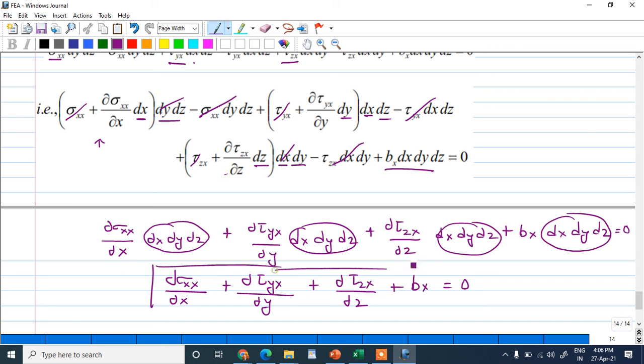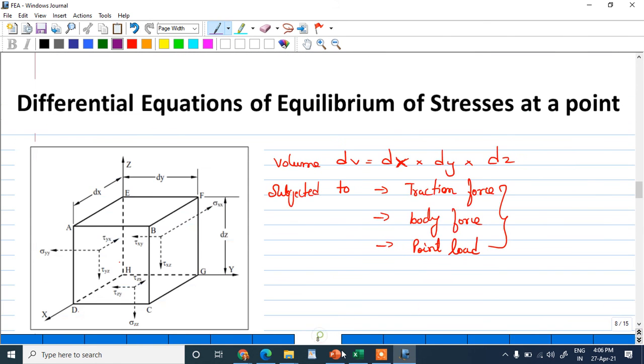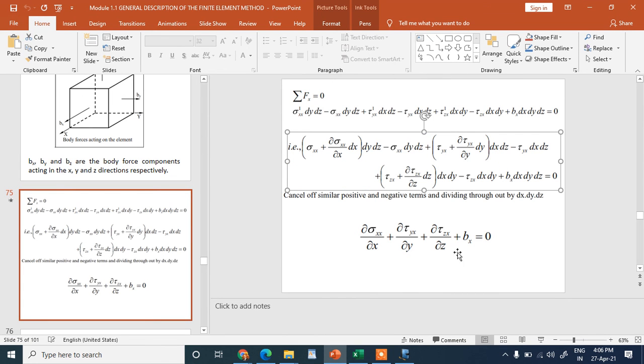So this is the differential equation in terms of the x direction. You can check the same notation here.